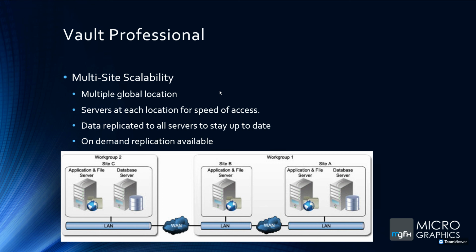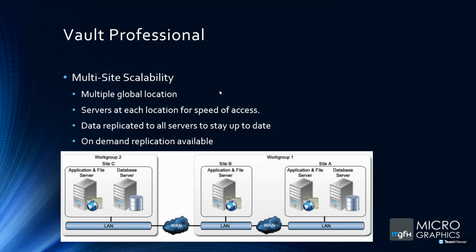You can basically set up a server at each location for speed of access to data. The data itself is replicated to all the servers to stay up to date. So maybe during the evening or at night time when it best suits all 3 locations, that data that has changed is replicated and copied across between all the servers.